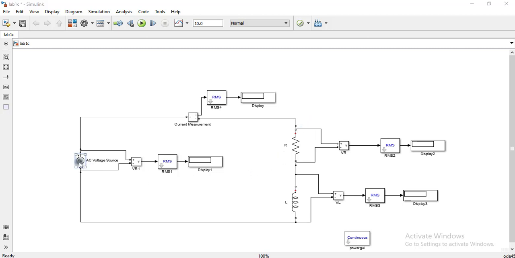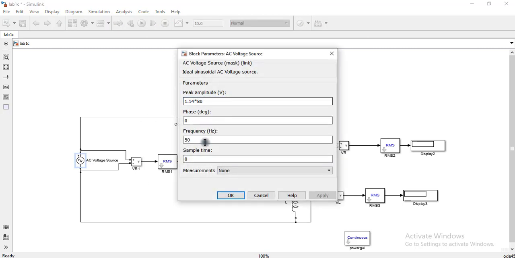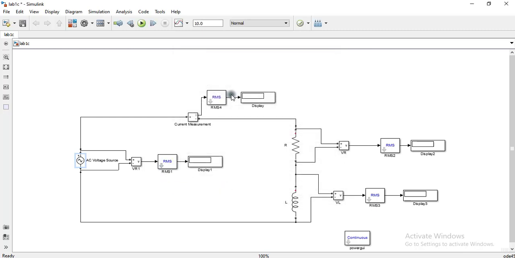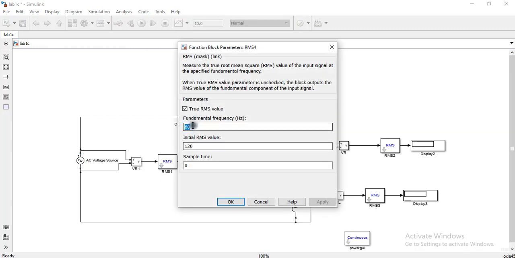Okay, this is 80 volt RMS, and I am giving this Simulink a peak value. Let's change RMS value, frequency of the RMS block, 50 Hertz.